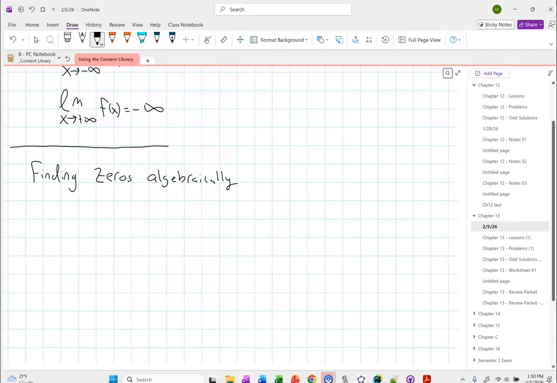Okay. We're going to shift focus now to talk about finding these zeros algebraically. So we have our calculator. We can use our calculator to find zeros. With technology, we'd like to still be able to do this algebraically by hand. The first thing you probably should have noticed is that there can be multiple zeros for a polynomial, right?